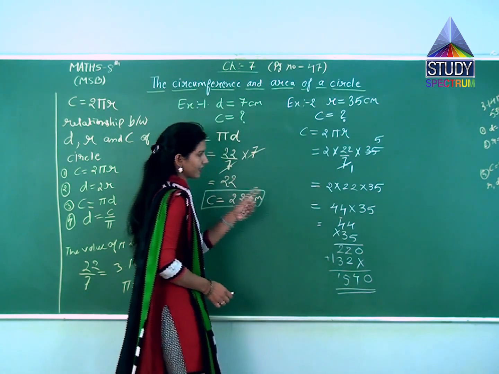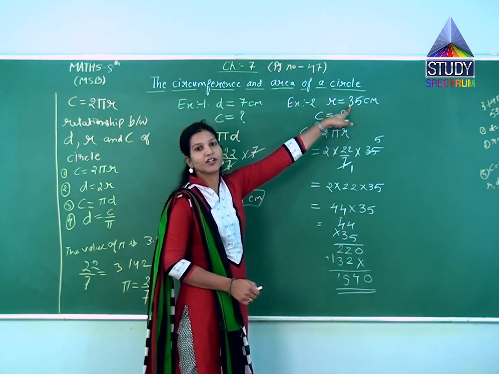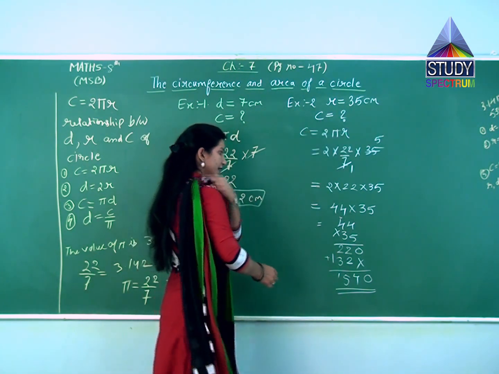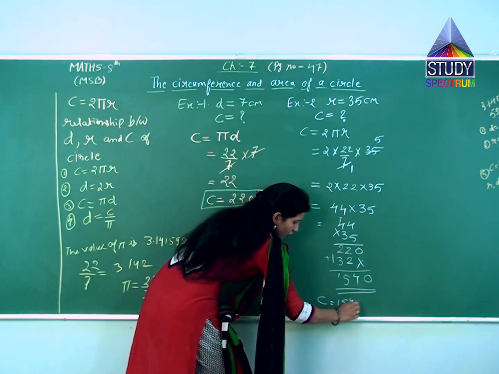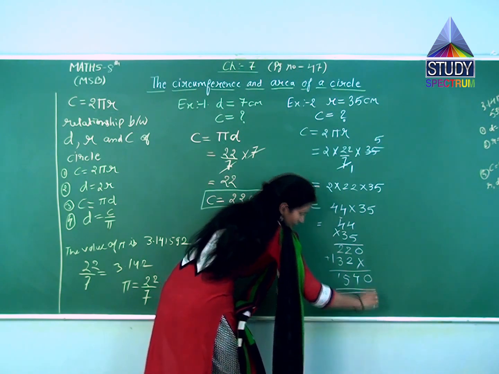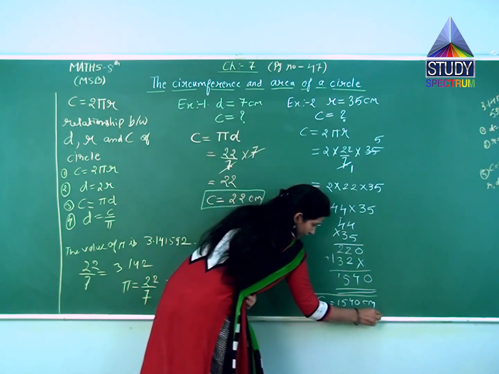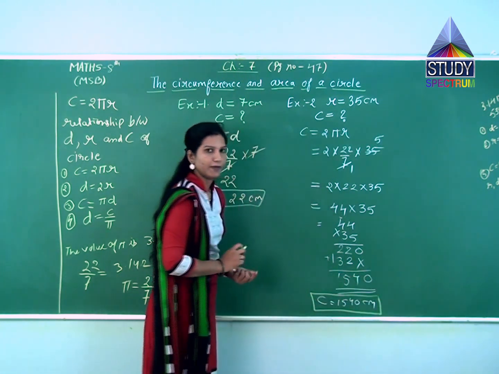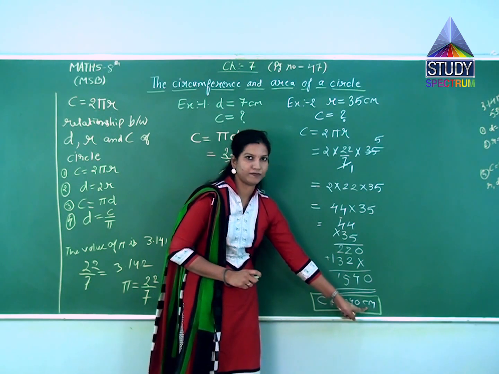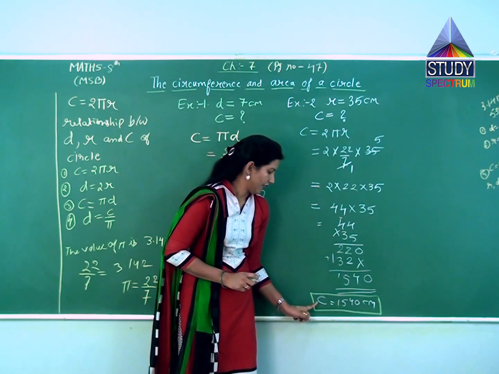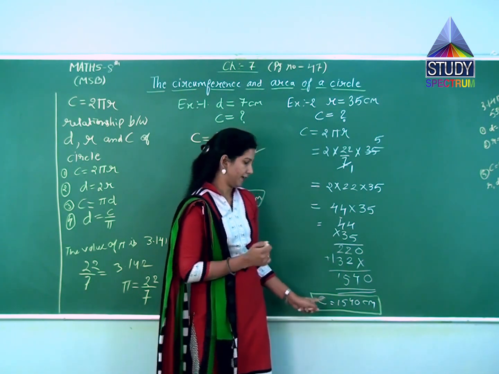So our circumference for this circle, which is having the radius 35 centimeter, will be equal to 1540 centimeters. And it is very necessary to put a unit here, and without a unit your answer will not be complete.